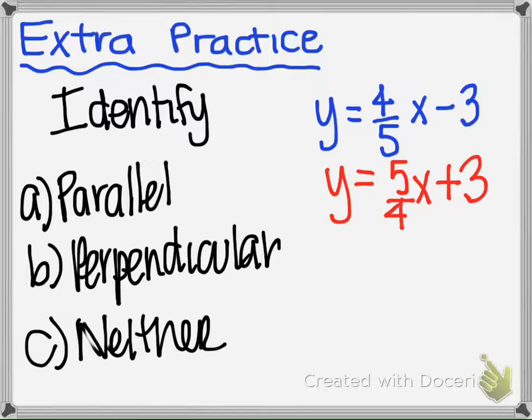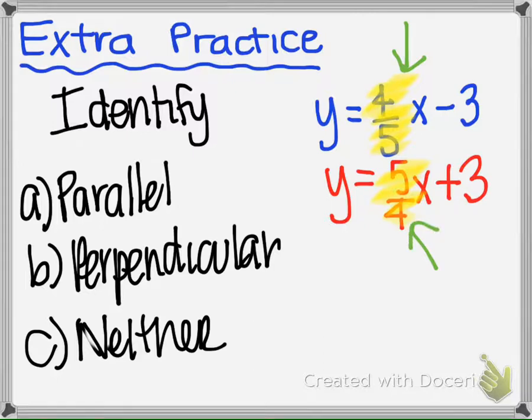Okay, here we're asked to identify whether these two equations are parallel, perpendicular, or neither. So if we look in front of the x, we have a 4/5, and here we have 5/4. And they're reciprocals, but one of them is not negative.